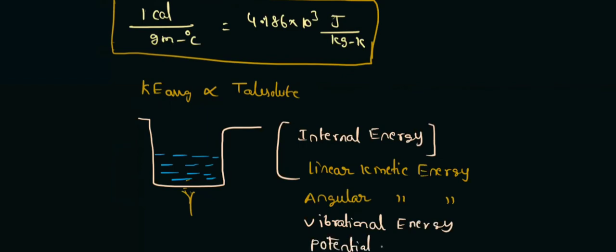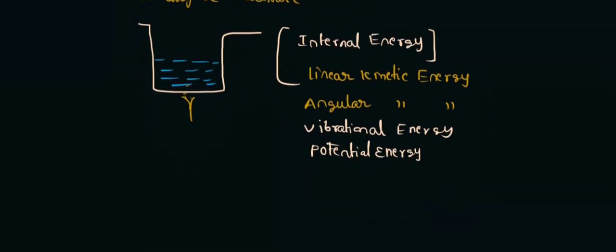From the very beginning we have been saying that heat is a form of energy. But the energy given to the substance is used by what? These various forms of energy are used.